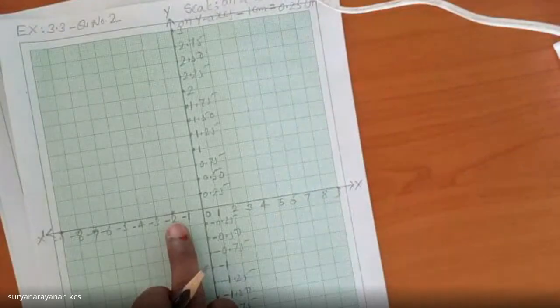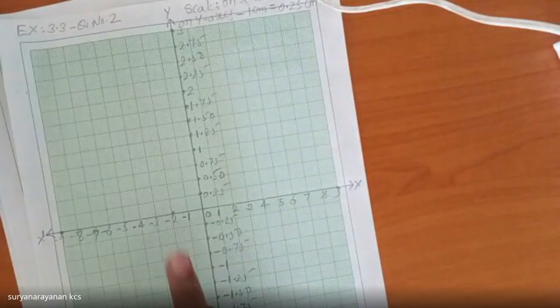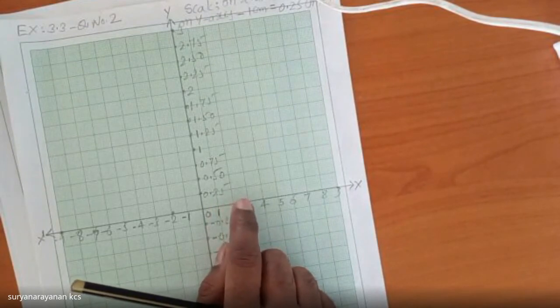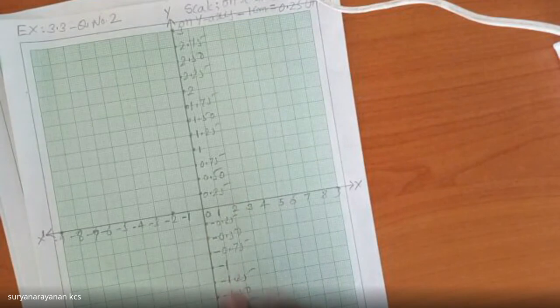Sir, if we mark 1, 2, 3 on the y-axis only, we can mark 8 now, sir. No, ma, here the y value is given as 1.25.